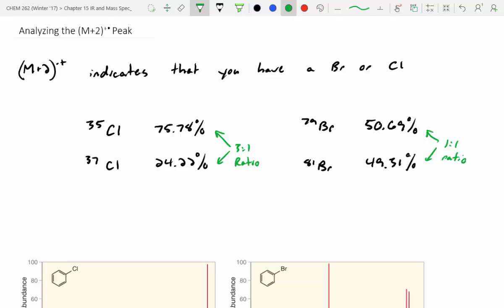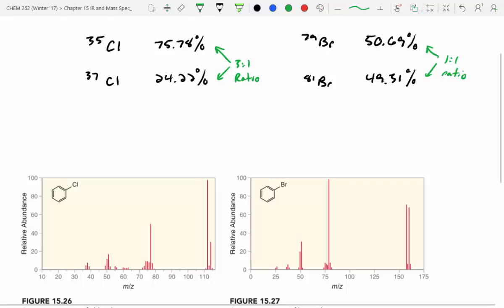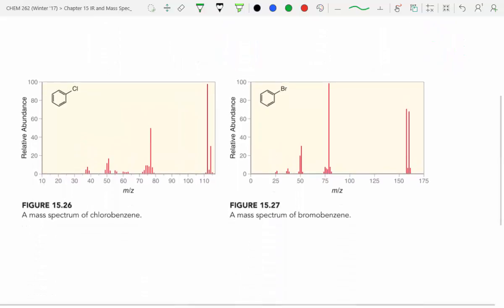So let's go ahead and look at a really simple example. This is for chlorobenzene and bromobenzene. So if we look at these spectra, we can identify our mass peak, or our parent ion. That's the tallest peak in our rightmost cluster.